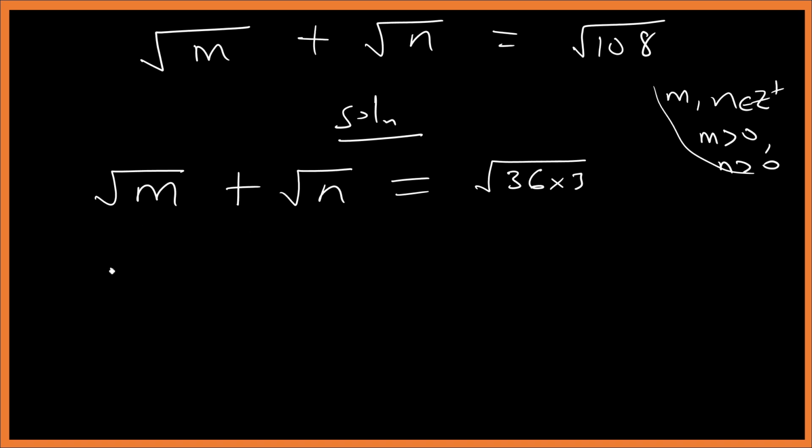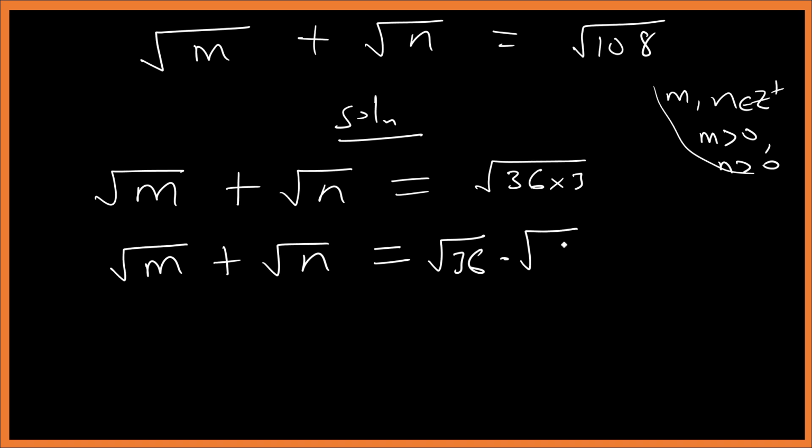So we have square root of m plus square root of n equals square root of 36 times square root of 3. Now from here you can say square root of m plus square root of n equals 6 root 3.